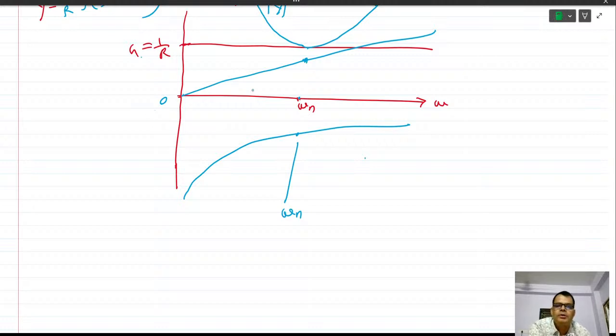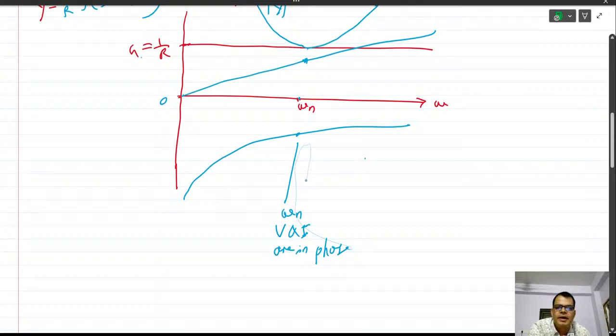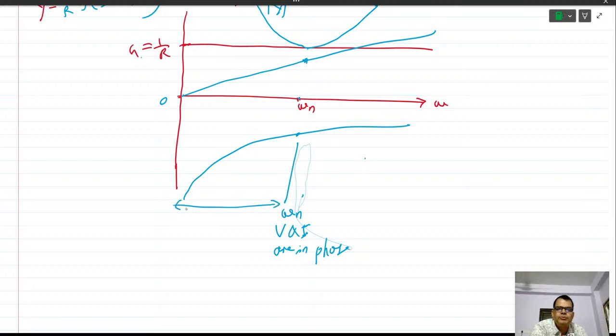So at omega n, both V and I are in phase. Okay, and between 0 and omega n, which one dominates?